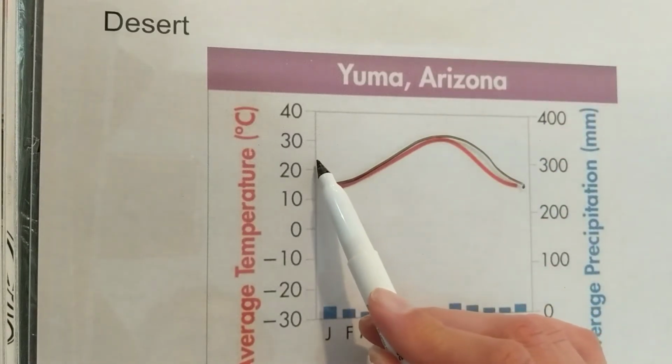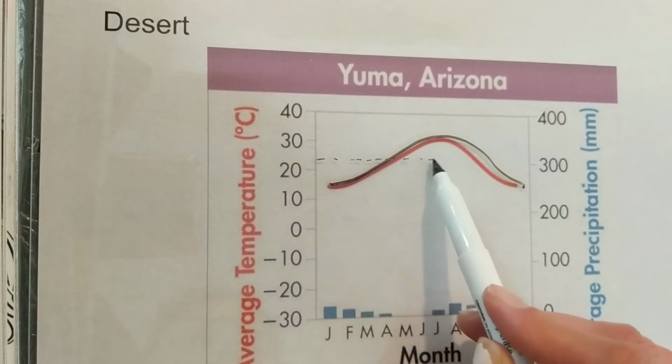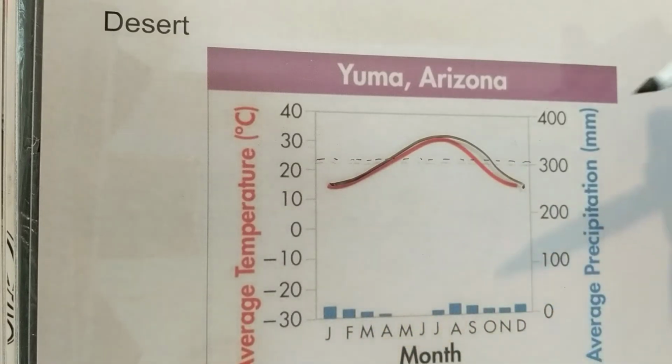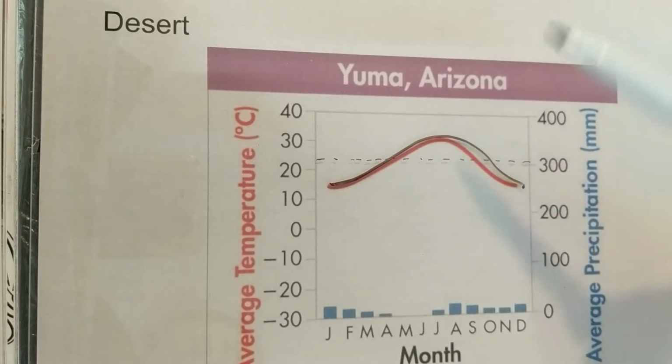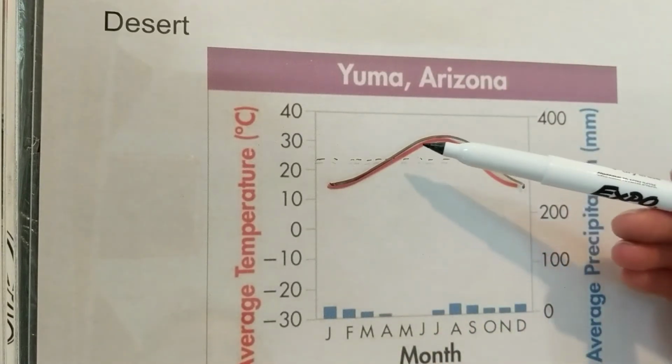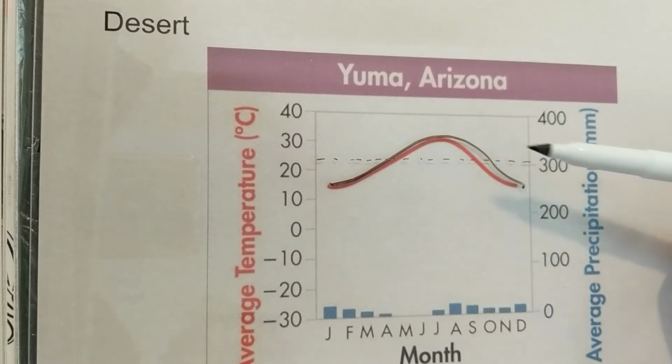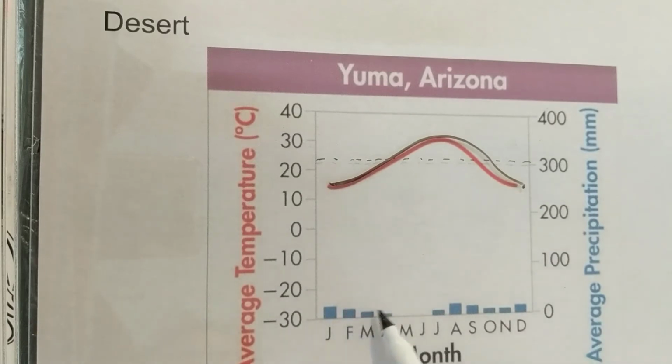If 22 is our benchmark for room temperature, in the high 60s, low 70s, for a good amount of the year, from about April to September, even into October, it's above that temperature. What we should notice, which is very characteristic of a desert, is that precipitation is really low, less than 10 centimeters every single month. We have very little rain, which is obviously characteristic of a desert.